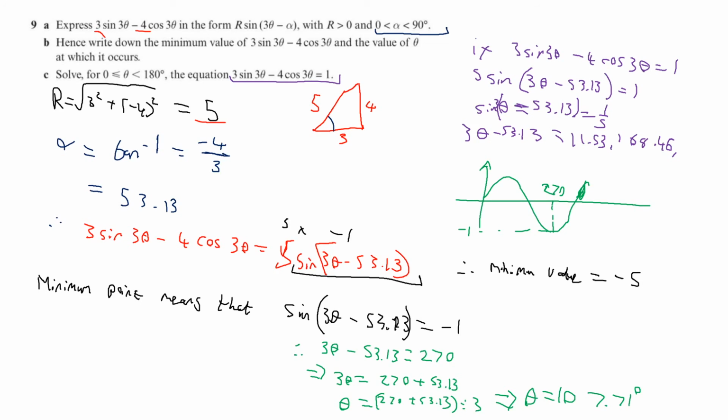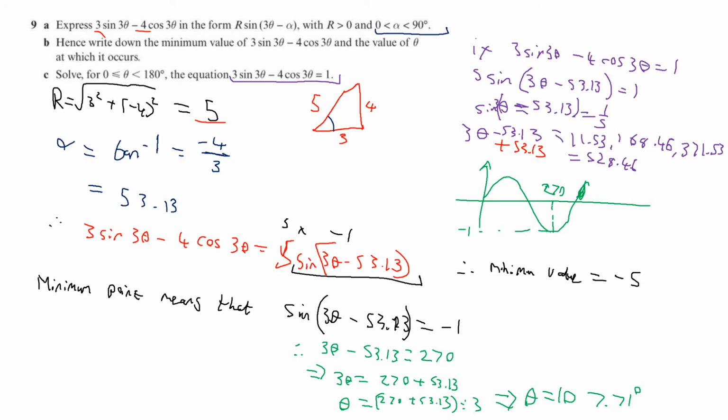Plus 360, we get 371.53. Or we get, if we use the other value, 528.46.